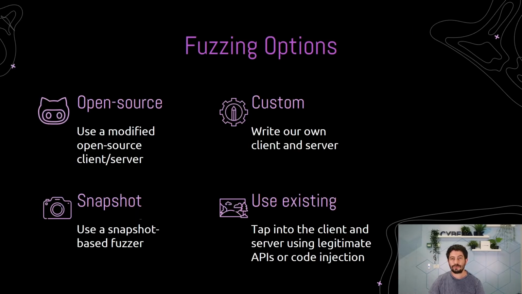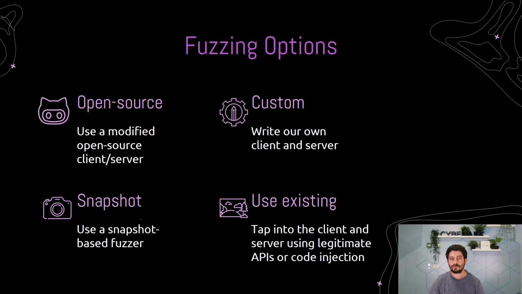So the first thing we had to figure out when trying to fuzz RDP was how can we send inputs to our target, be it the server or the client. And going into this project, we had four options. The first was to take an open source solution and modify it so that it will send our fuzzing messages as well.